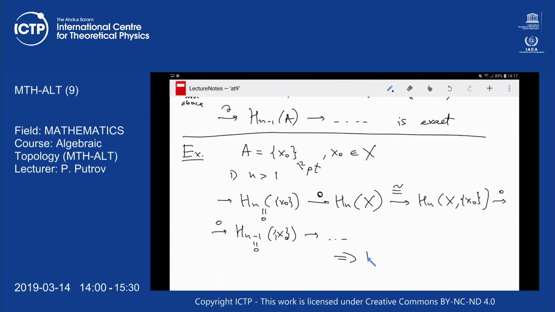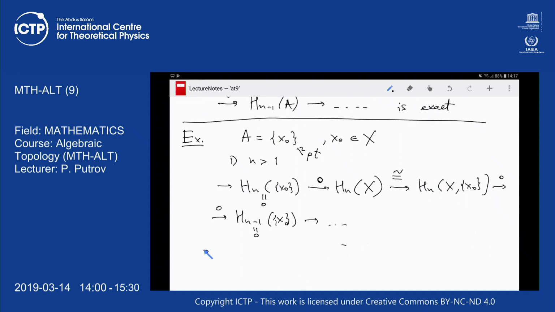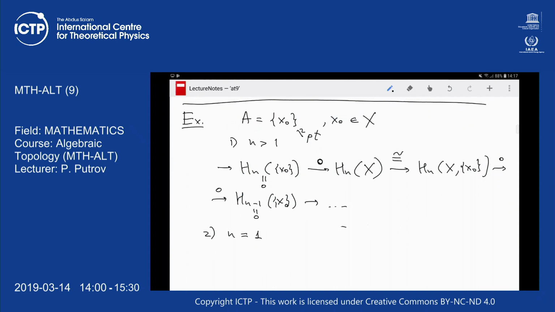And therefore, now let me consider the other case, what happens when n equals, let's say, 1. So we write this part of the long exact sequence, so it will look like this, H_1.